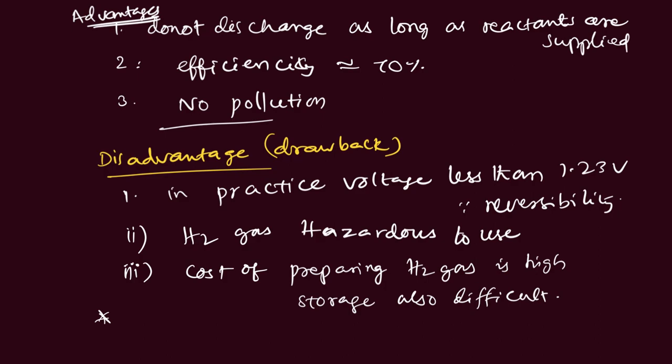Porous means containing small holes. At the anode which gas is bubbled? Hydrogen gas. At the cathode which gas is bubbled? Oxygen gas. What is the electrolyte? Hot and concentrated KOH or NaOH. Like this they may ask, so you have to be careful about each and every point.